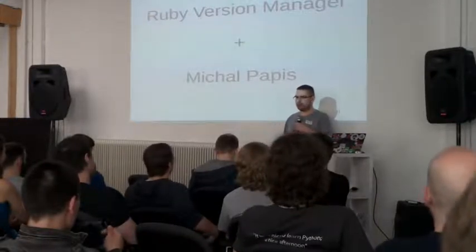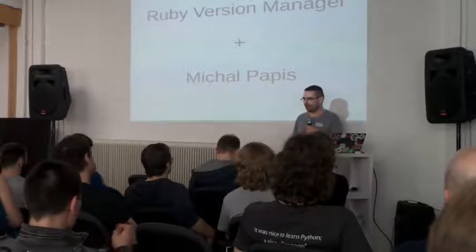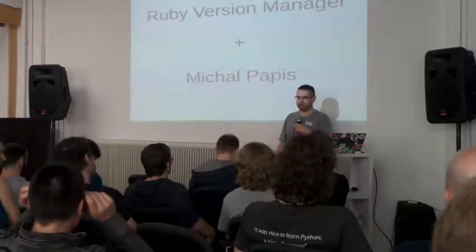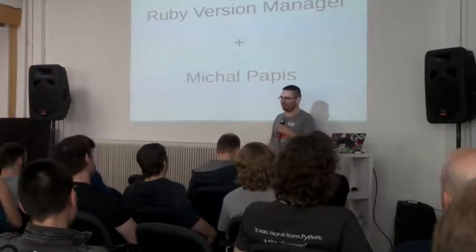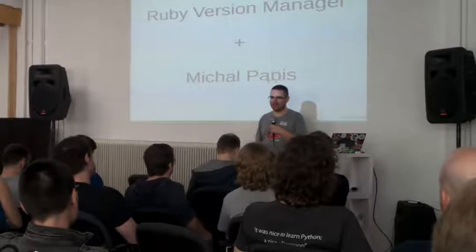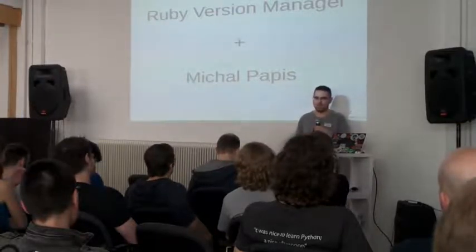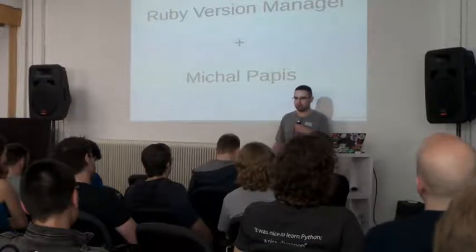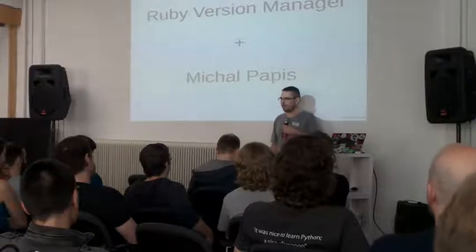I noticed there were some things missing, so I started helping with RVM. And in less than one year, I decided to drop my job because I was so unhappy and I wanted to help people, so I quit my job and started hacking on RVM full-time. And shortly after that, an engineering company decided to sponsor my work on RVM.